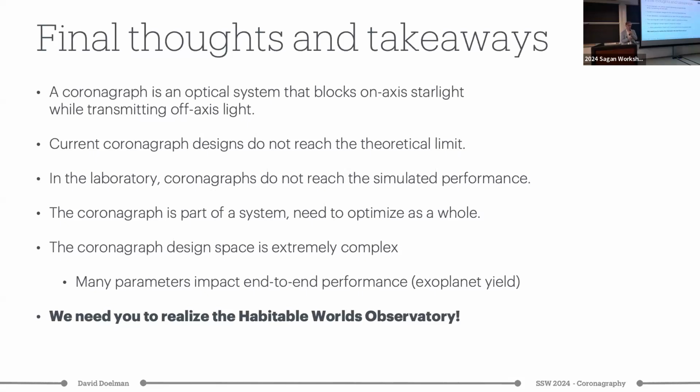But some coronagraphs are sensitive to different modes. So, for example, if you know your telescope has a very certain flexure mode in your main primary mirror, you might want to make a coronagraph that's optimized to be insensitive to this specific mode, because then your coronagraph will perform better compared to the others. Yeah, thank you.